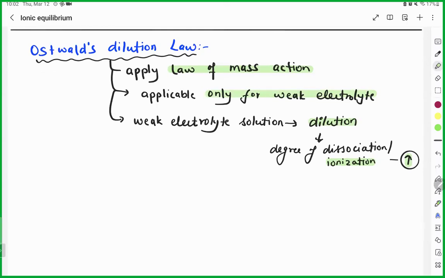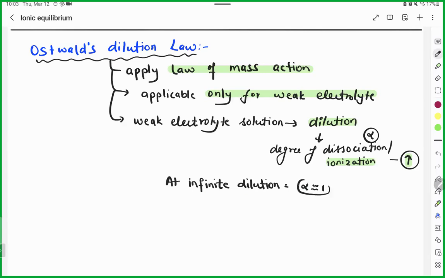Same thing here. Whenever you have a weak electrolyte and you dilute it, the degree of dissociation, symbolized by alpha, will increase. There will be more dissociation. At infinite dilution, you will see almost 100% ionization, so alpha will be approximately 1.